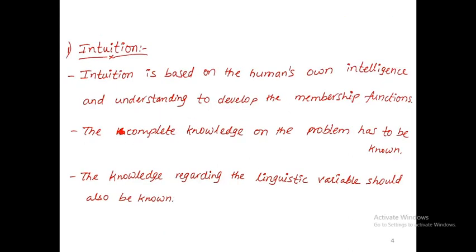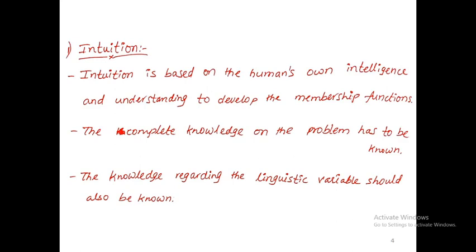The intuition method is based on the human's own intelligence and understanding to develop the membership functions. That means, like I gave 9 to 10 as an S grade, a few people may give 9.5 to 10 as an S grade, and 8.5 to 9.5 as A grade.